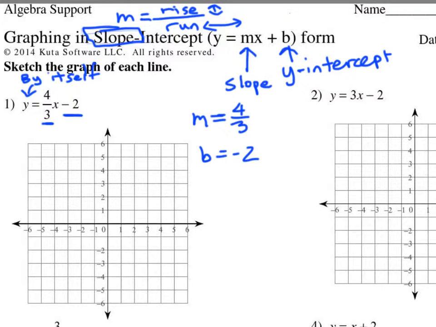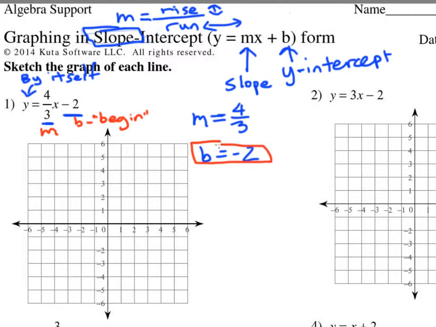Now, there's a little trick to help you remember how to graph these if you forget. Y equals mx plus b. This is your m, and this is your b. B doesn't really stand for this, but you can think of it as standing for the word begin. So you're going to begin with this number right here.